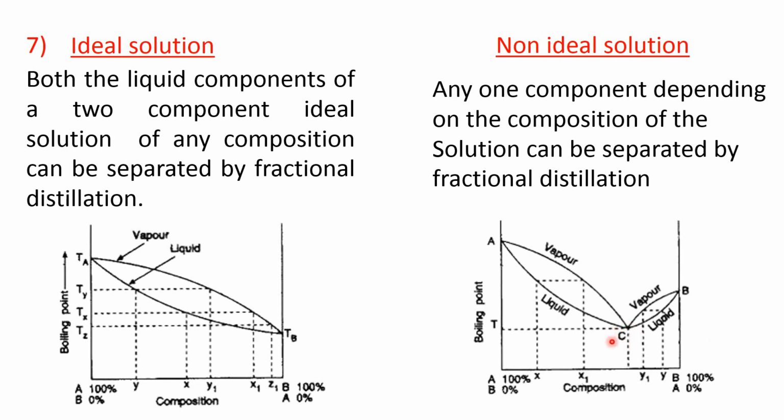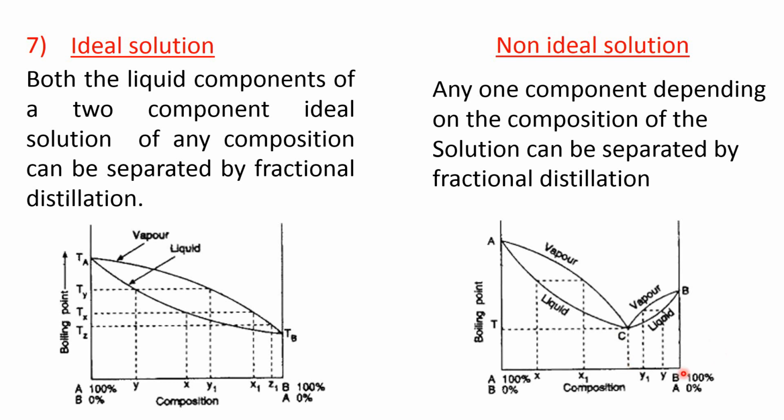And here it is an azeotropic mixture of minimum boiling point. And the residual liquid will be close to A. So if you repeat the fractional distillation, finally you can separate the pure liquid A as residue and the azeotropic mixture C as distillate.